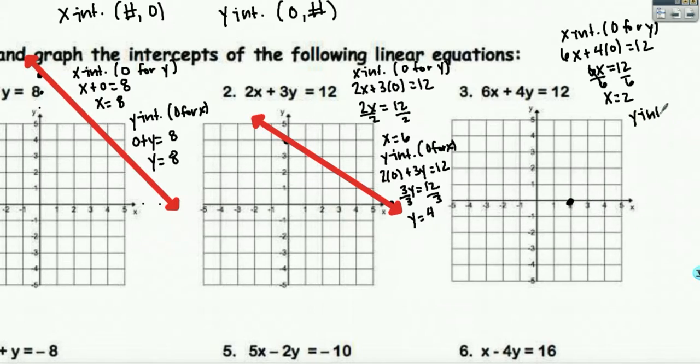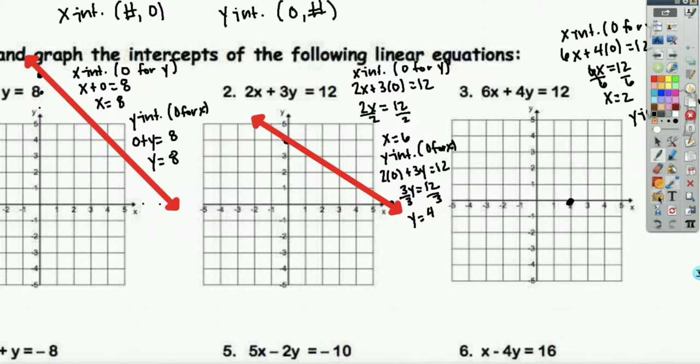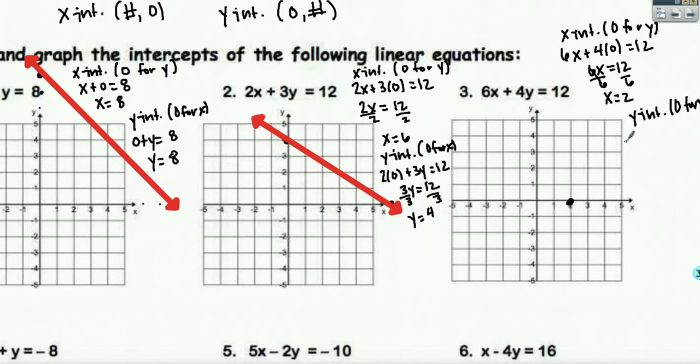And then we'll get our y-intercept by doing 0 for x. So by doing 0 for x, we'll end up with 6 times 0 plus 4y equals 12. 6 times 0 will give us 0, so we'll just end up with 4y equals 12.